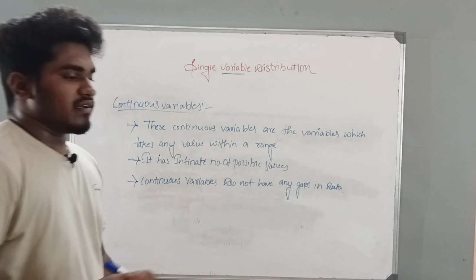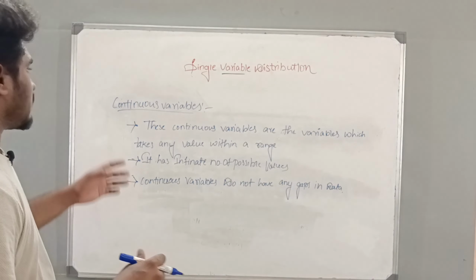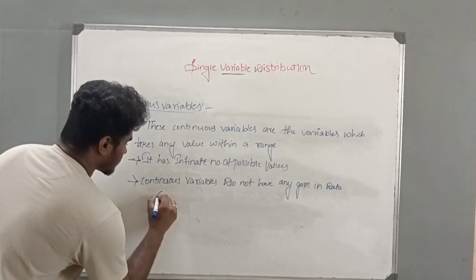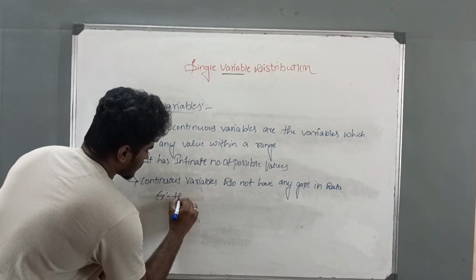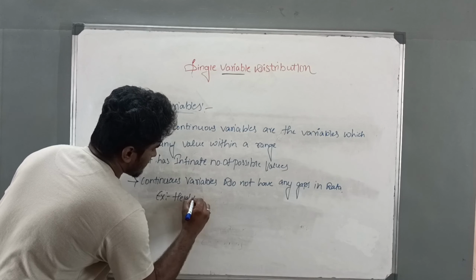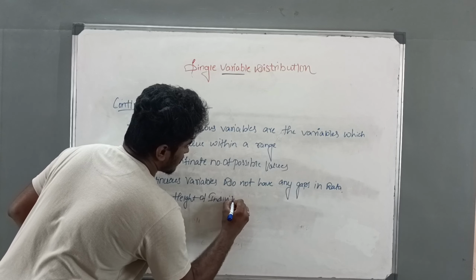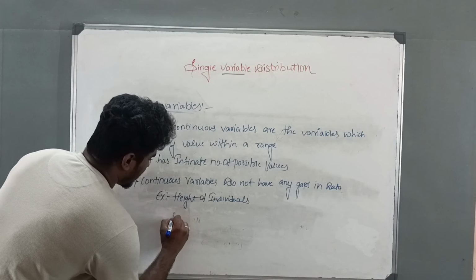Some examples of these continuous variables are height of individuals and temperature readings.